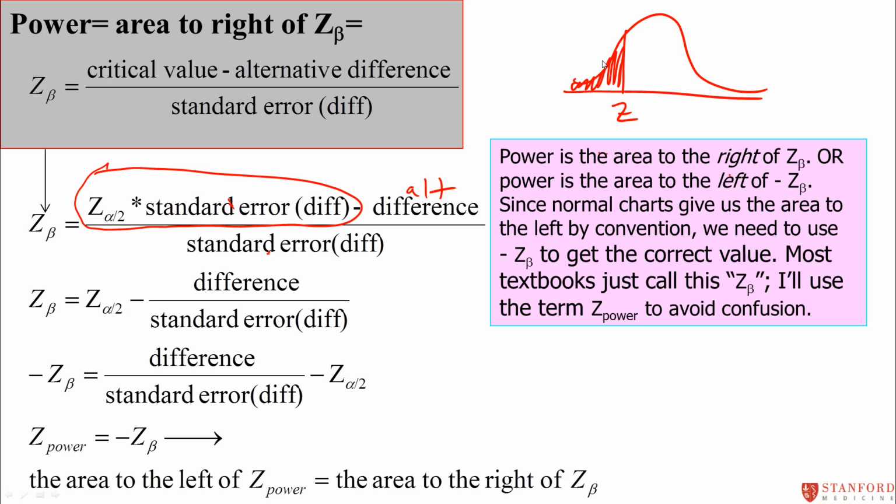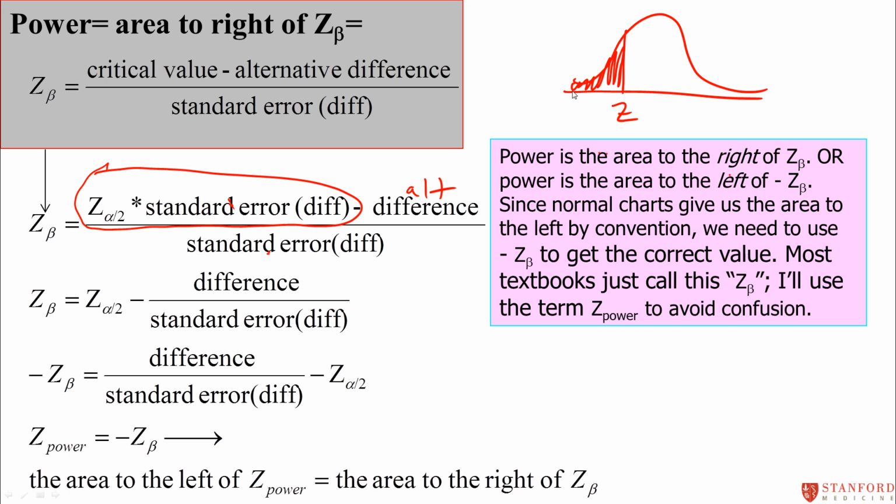So a little trick that you can do here is just multiply this whole equation by a negative. I'm going to do that, and I'm going to name this new quantity z power. All that does for you is now, instead of going to the standard normal chart and having to figure out the area to the right, you can take z power to the standard normal chart and figure out the area to the left, and that will represent the power. So it's just a little trick to save you time. So when I'm calling z power, now you can take directly to a standard normal chart. The area to the left of z power is the same as the area to the right of z beta.